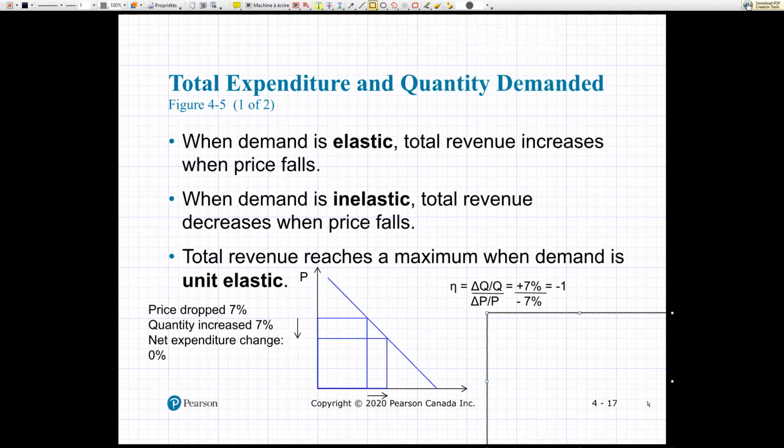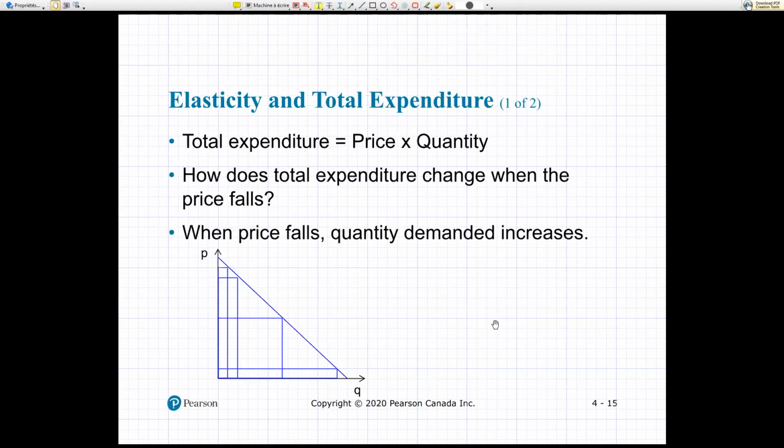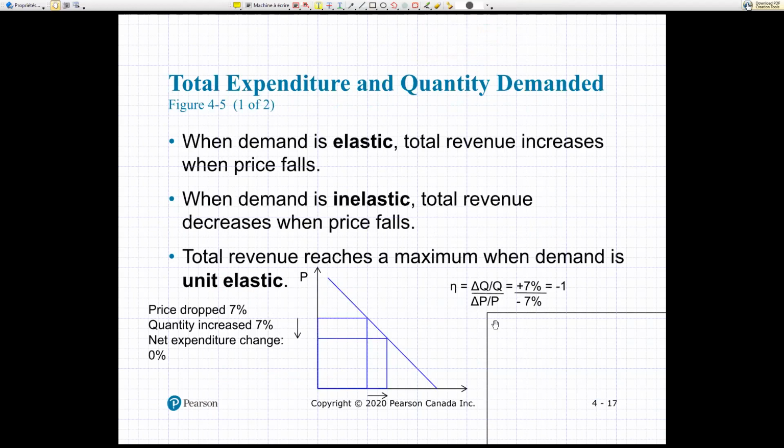Don't get scared if you don't understand. What do we mean by revenue reaches a maximum when demand is unit elastic? Revenue would be P times Q. If I want to maximize it, I simply set the derivative of the revenue equal to 0.